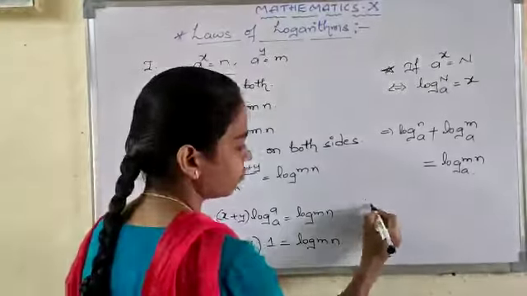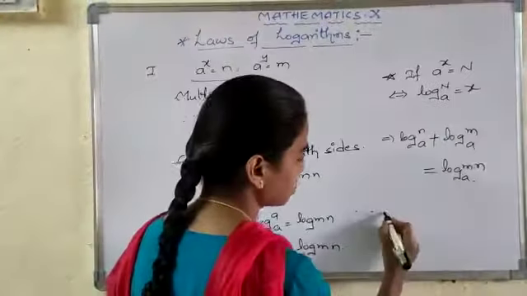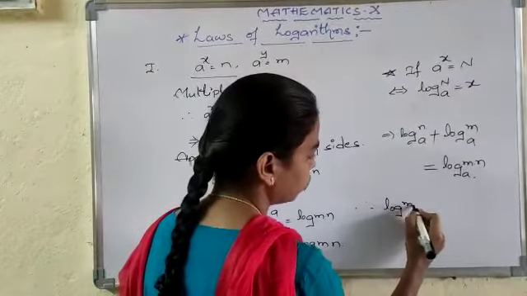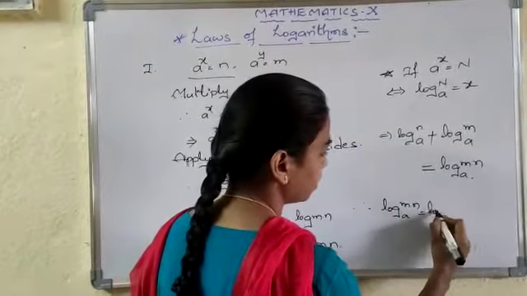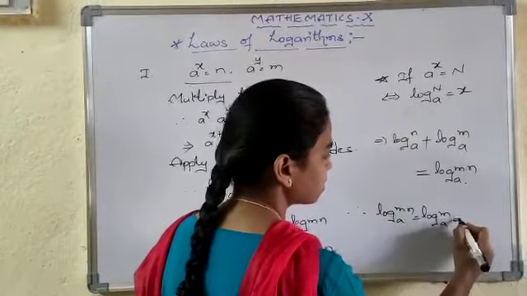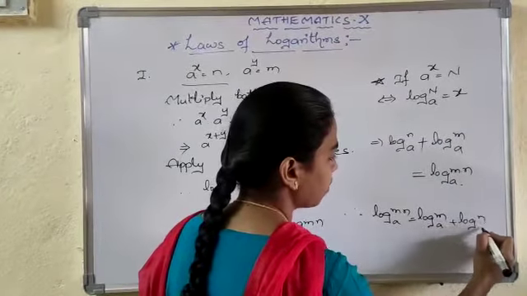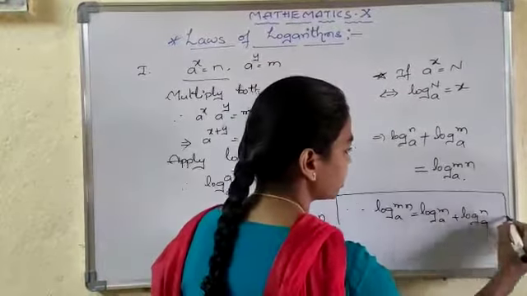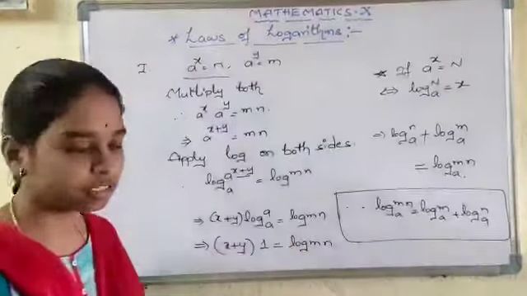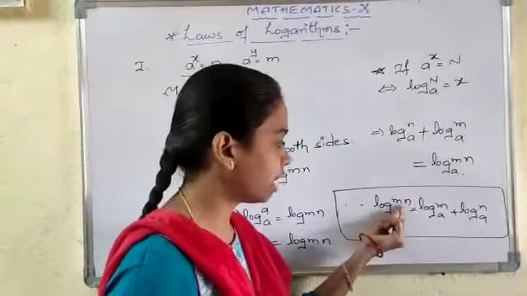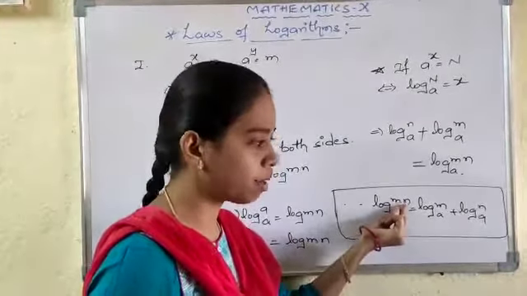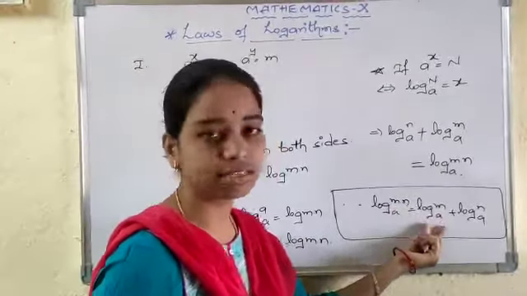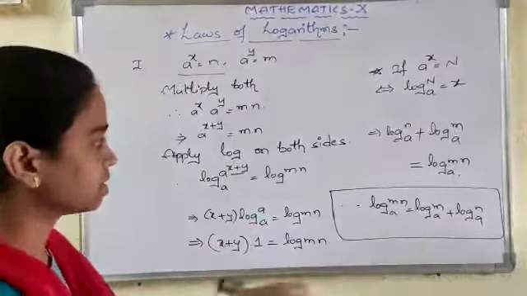So the first law of logarithms is, log m into n base a can be written as log m base a plus log n base a. It is the first law of logarithms, means in a log, if any two numbers are in the form of product, it can be written as the sum of the two logarithms.